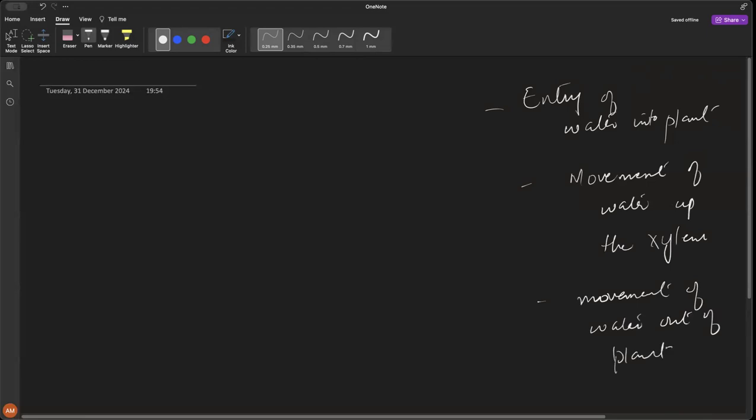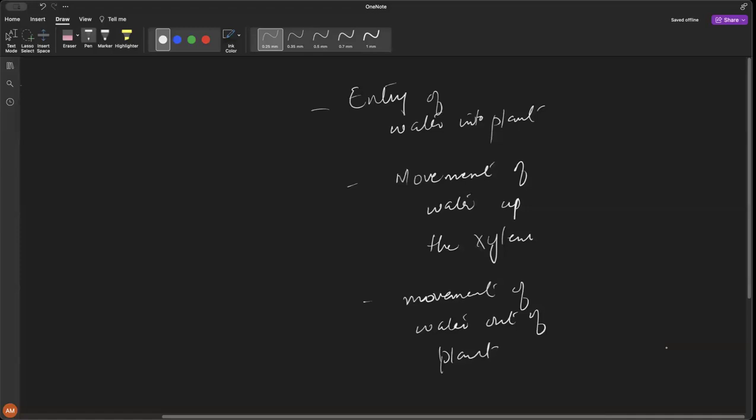The first one is related to the movement of water into the roots.